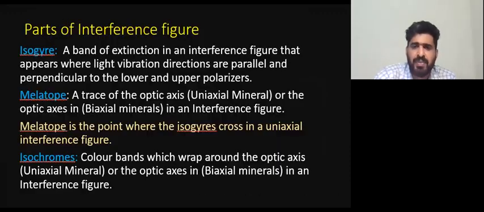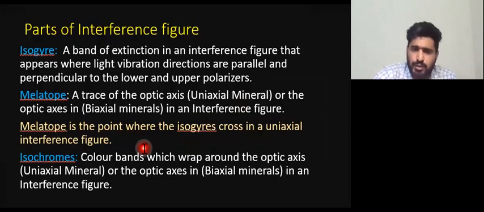In the case of uniaxial, you will have one melatope, but the pattern in biaxial is slightly different, characterized by two melatopes. So the melatope is the point where the isogyres cross in a uniaxial interference figure.